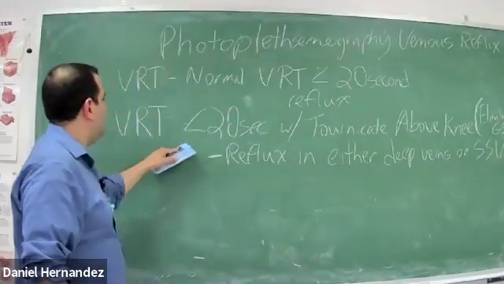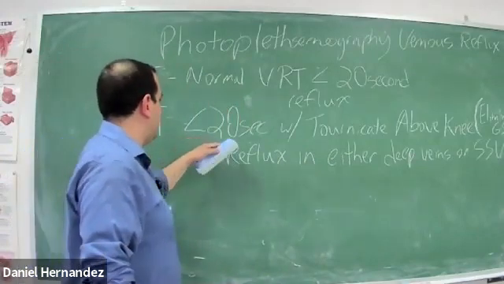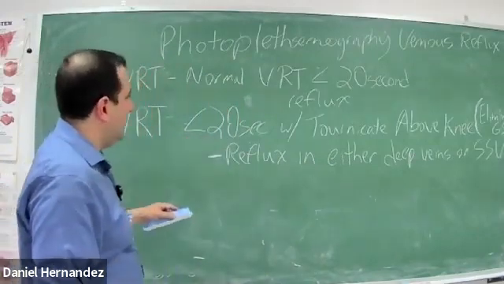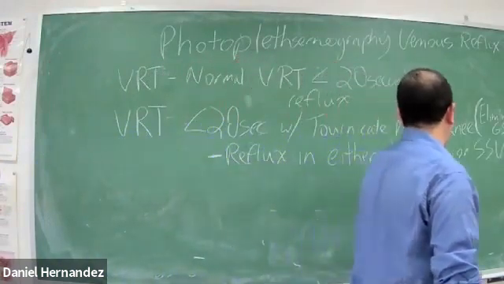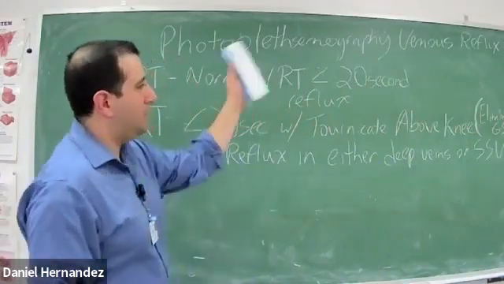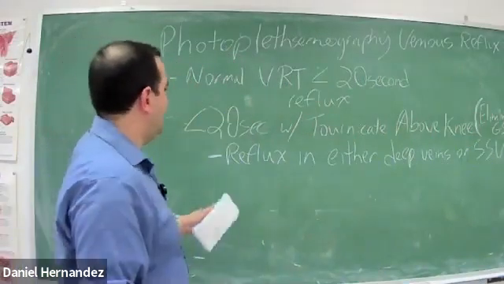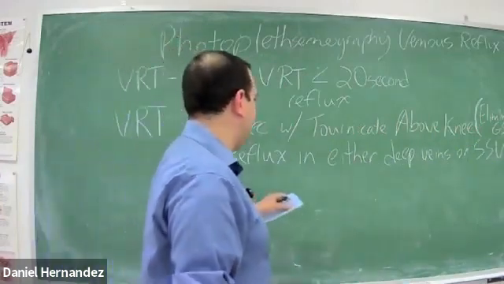If the venous reflux time is less than 20 seconds, then that could indicate reflux in either the deep vein or the superficial veins. So what that's saying is we've eliminated the greater saphenous vein by putting the tourniquet, but we still have reflux. So what other veins could potentially still be involved?